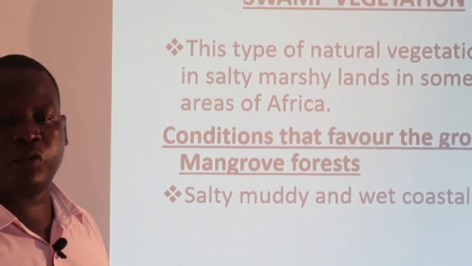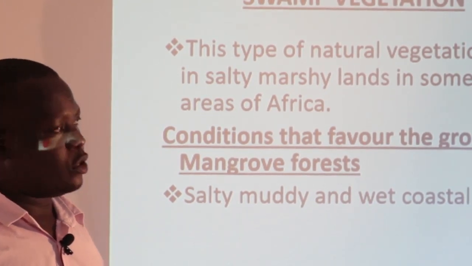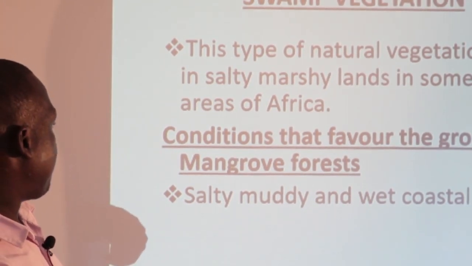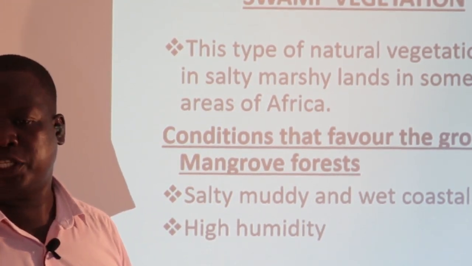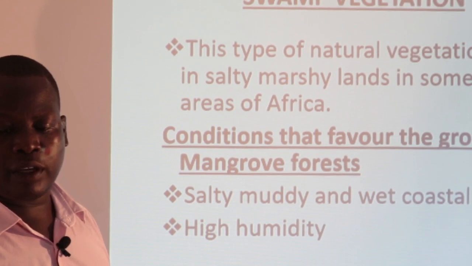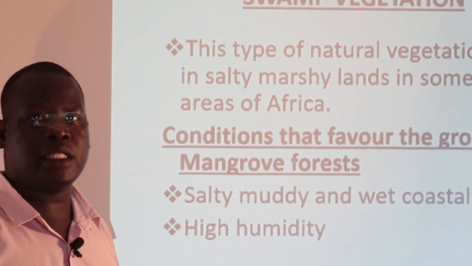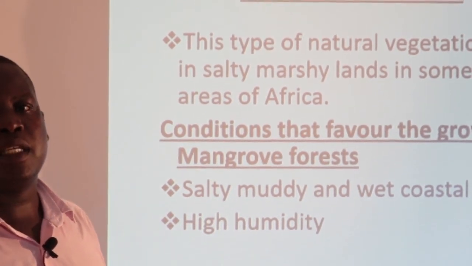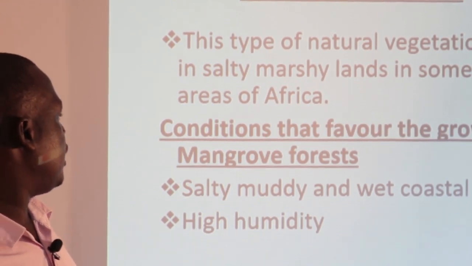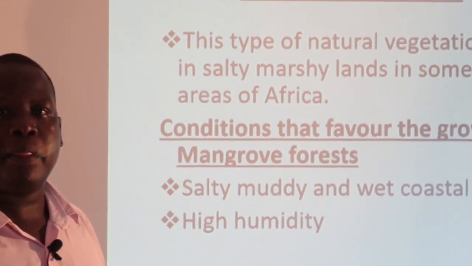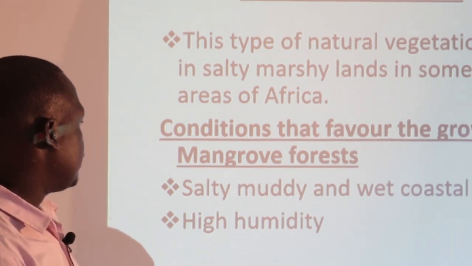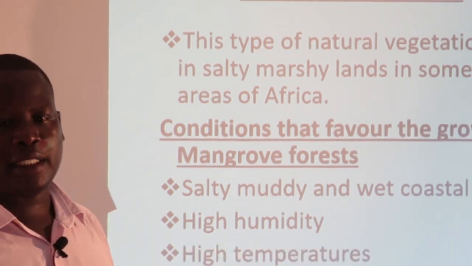So that is one of the things that has to prevail in an area. We also have high humidity, meaning there is a lot of water vapor. Remember, these are coastal areas with large water bodies and high evaporation rates causing high humidity in the area. We also have high temperatures.